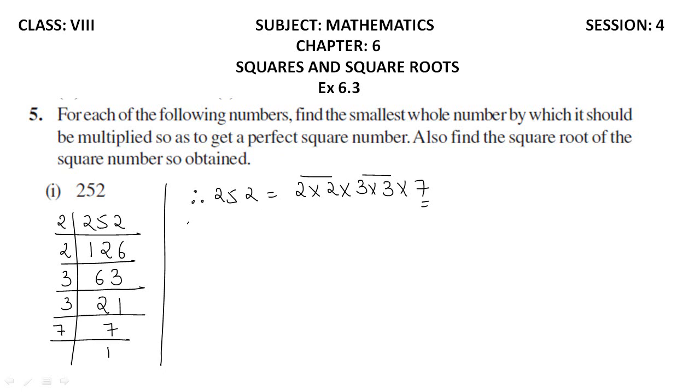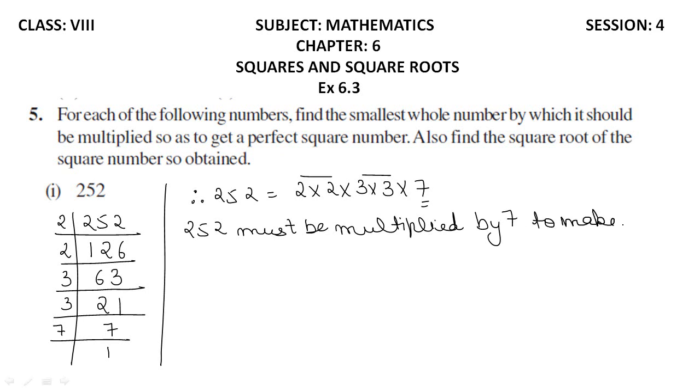So we will write: 252 must be multiplied by 7 to make it a perfect square number. So the first thing is to find the smallest whole number. The smallest whole number required is 7.